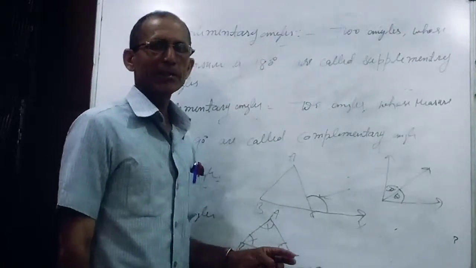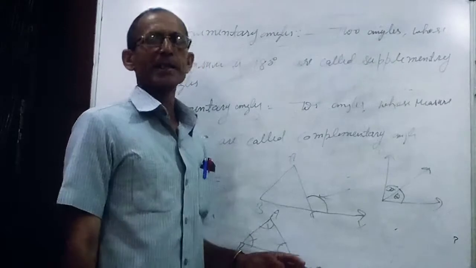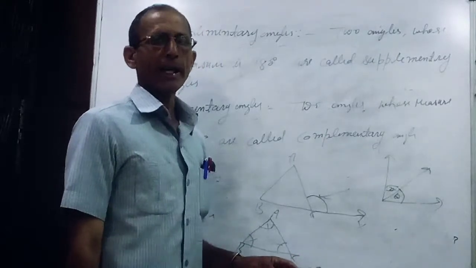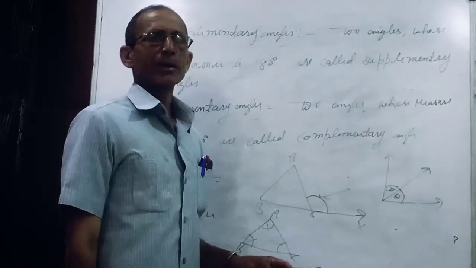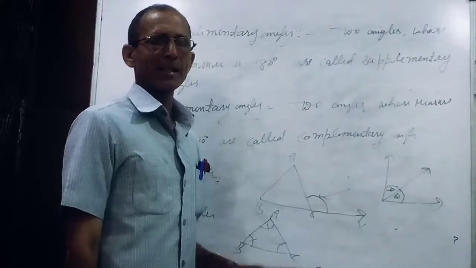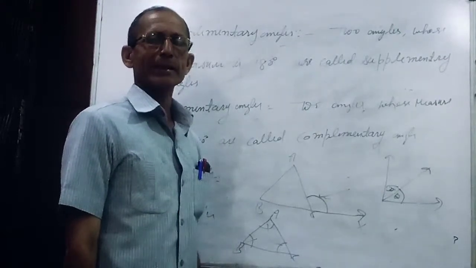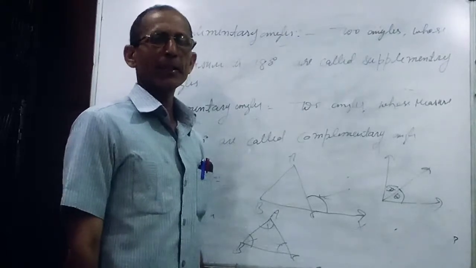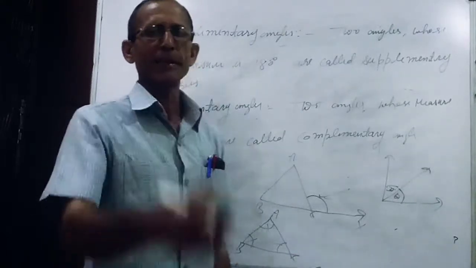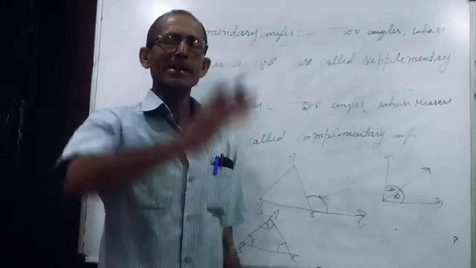Have you understood? Okay, these are the main points related to angles, and some points which we have discussed we will use to prove the theorem. Next is the statement of one theorem.